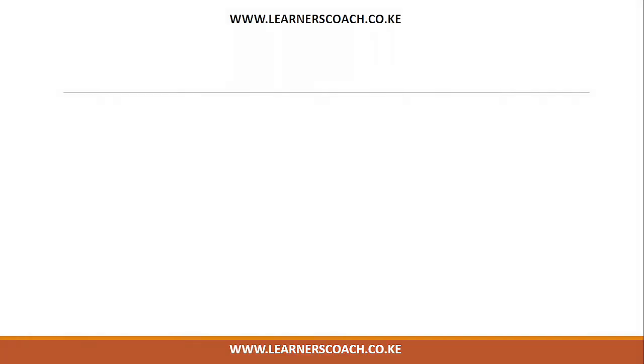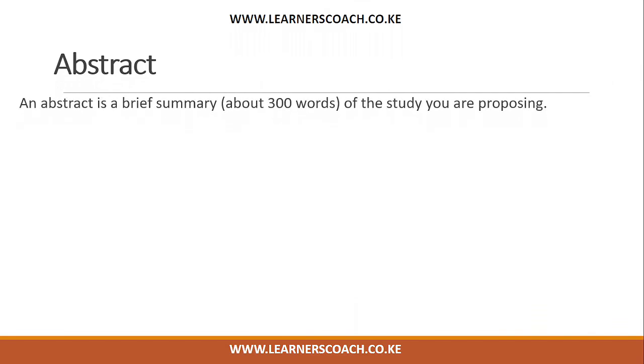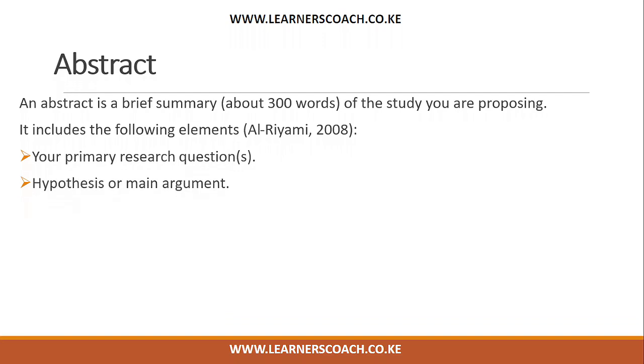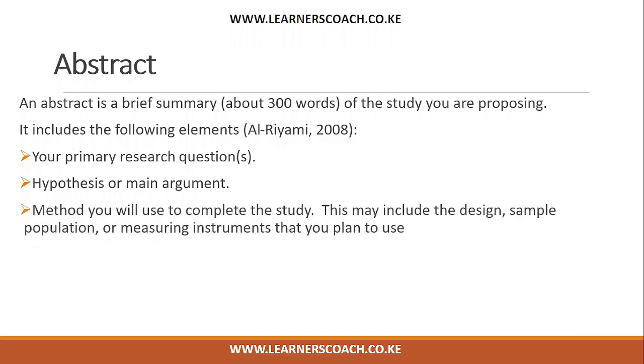The other element of a research proposal is the abstract. How should your abstract be? Ideally, an abstract is a brief summary of the study you are proposing, of not more than 350 words, or 300 thereabout. According to Riyami, the various elements of an abstract should capture your primary research questions, your hypothesis or main argument, and also the method you will use to complete the study.